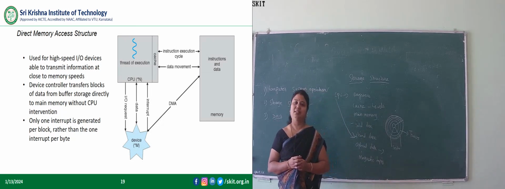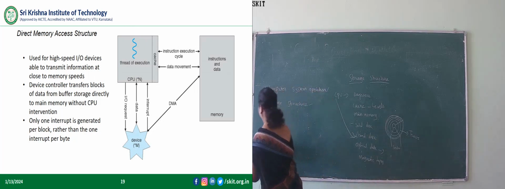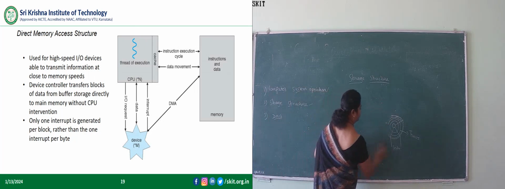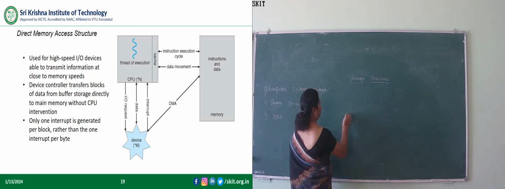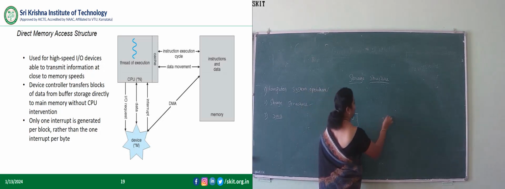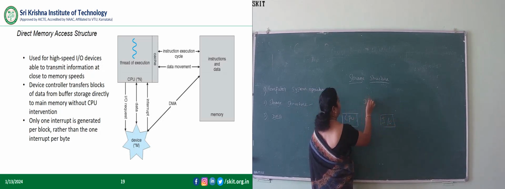So, why are we using this DMA? We know that the CPU is there, and input output devices will be there, and the disk will be there.